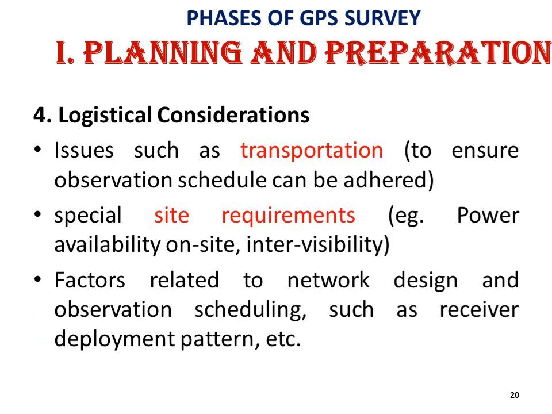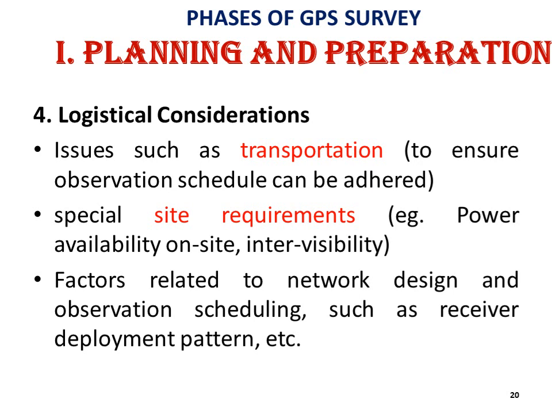Fourth factor is logistical consideration. Logistical consideration means we are dealing with issues such as transportation. Sometimes we have to transport some equipment from one point to another, and sometimes our instrument has to be transported, so such issues should be considered. Also special site requirements, like power availability on site.